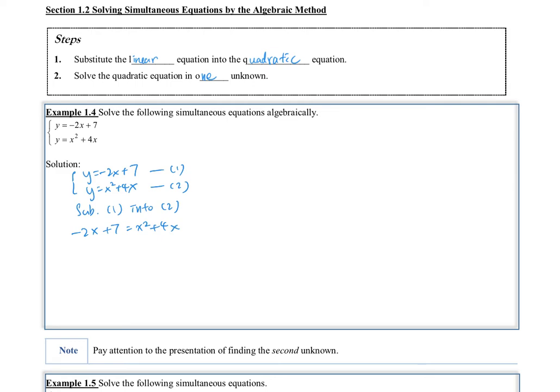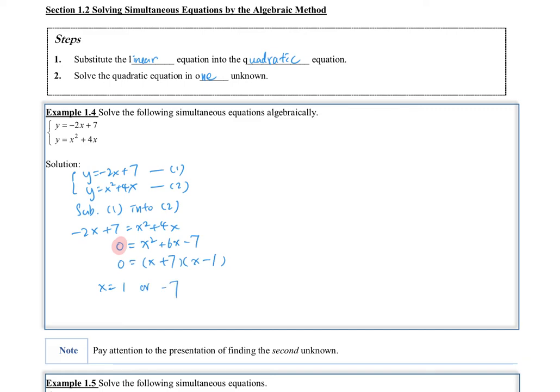As it is a quadratic equation, we are supposed to put one side to be 0 and put the rest of the terms on the other side. Remember to use the cross method. Plus 7 minus 1 will get a 6. So x is equal to 1 or negative 7.